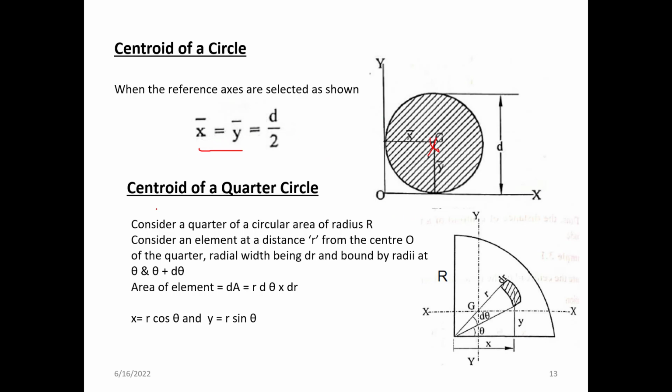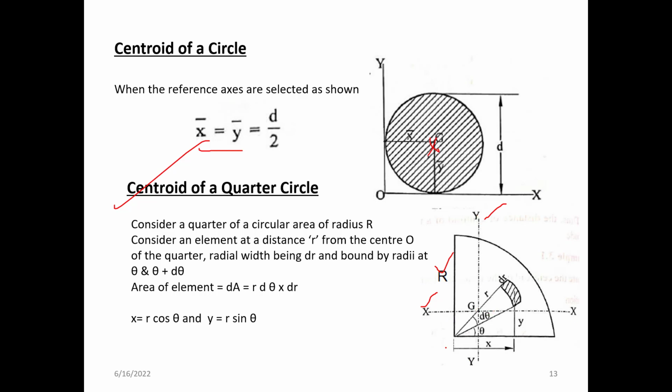Next derivation is to find the centroid of a quarter circle. You have a quarter circle here, with radius capital R, and the x-axis as well as the y-axis are actually passing through the section.